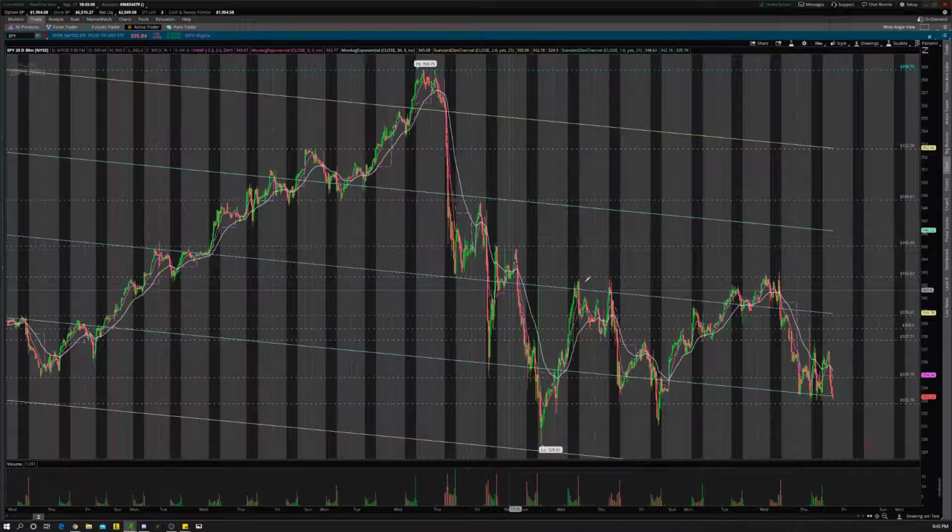Okay. What do I see? I want to focus kind of around this area. Is there anything I'm missing? Want to do my due diligence. Yeah, it's looking not too bad.